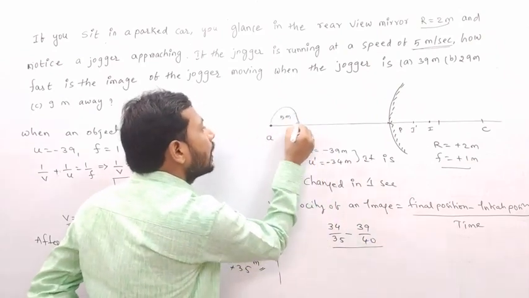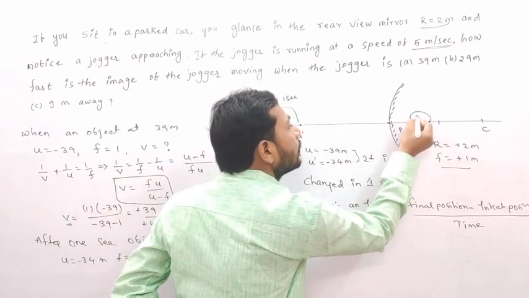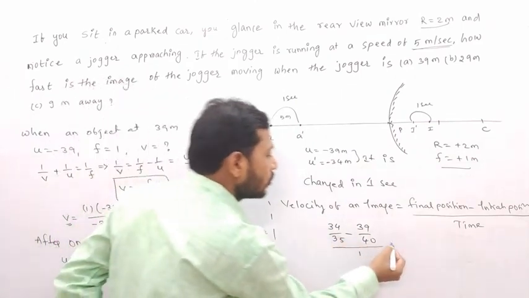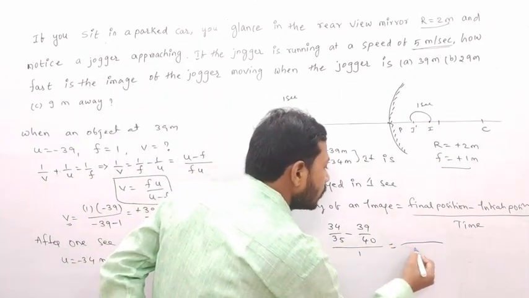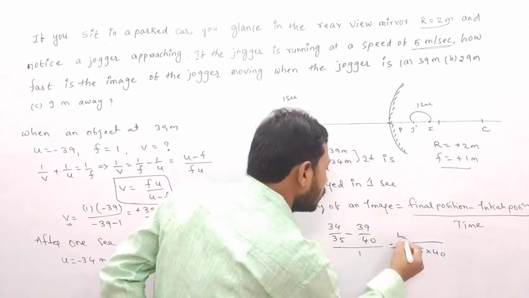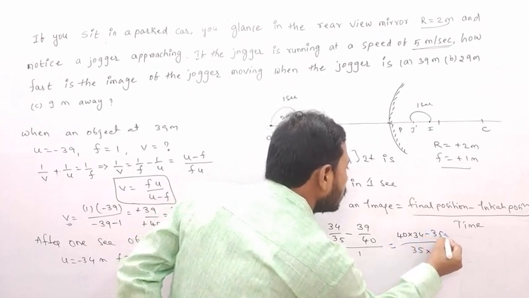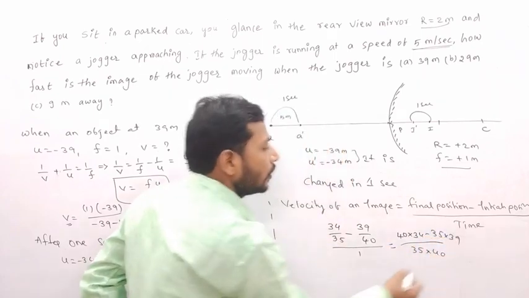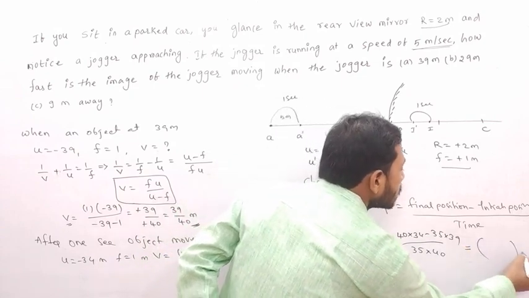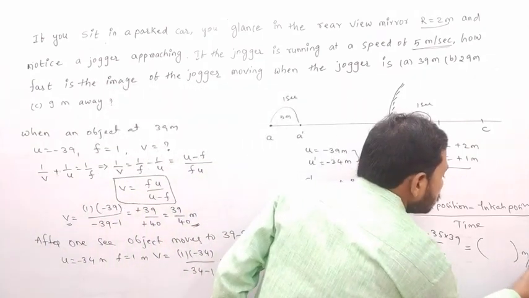To travel the 5 meters it has taken 1 second. In the same 1 second it jumped from here to here. So the time is 1 second. If you simplify this, you get 35 into 40, then 40 into 34 minus 35 into 39, and if you simplify you get the answer in meters per second.